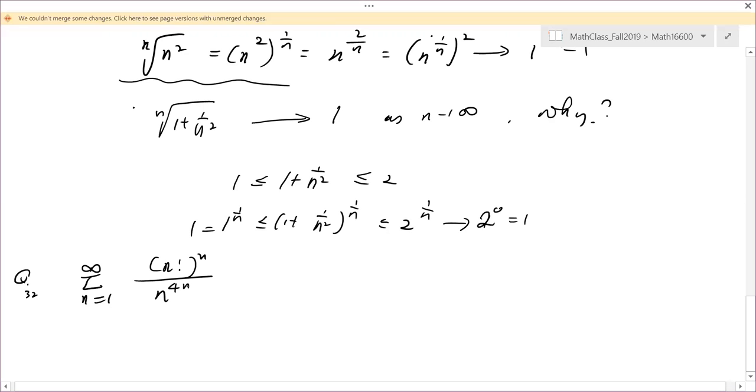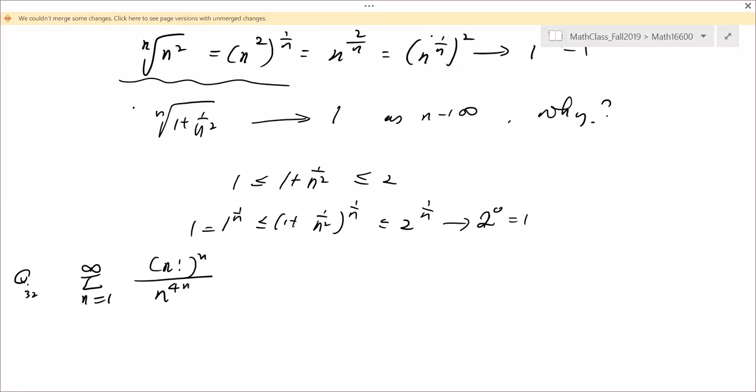Now when you look at this, I see n factorial. Remember, if it's n factorial, I have to use the ratio test. But there's also n factorial to the nth power. If I try to use the ratio test, I cannot simplify it, honestly. So I should get rid of the nth power, so I should use the root test.